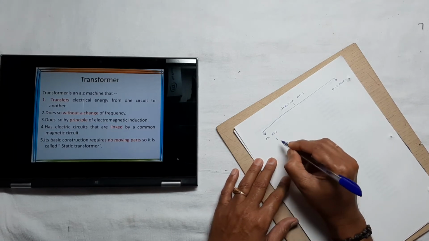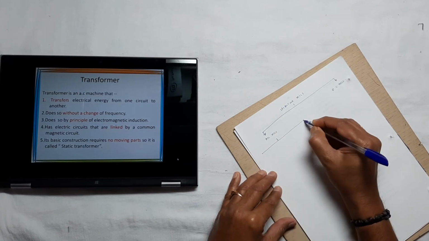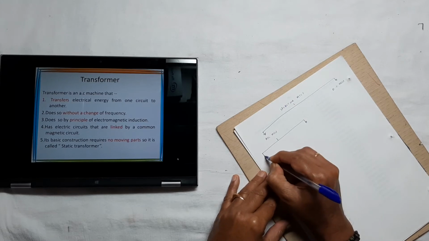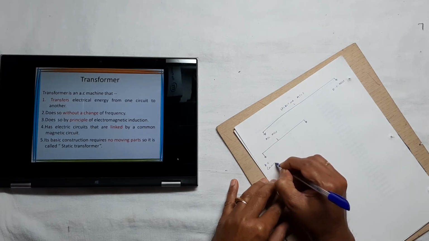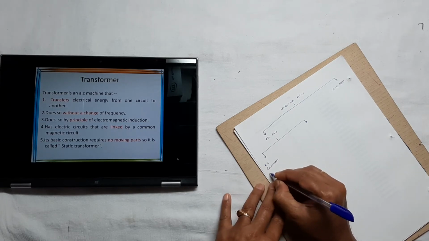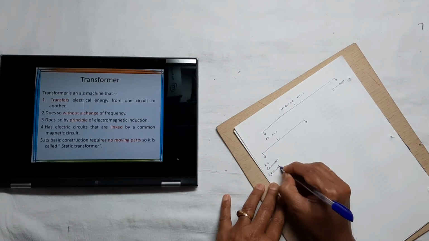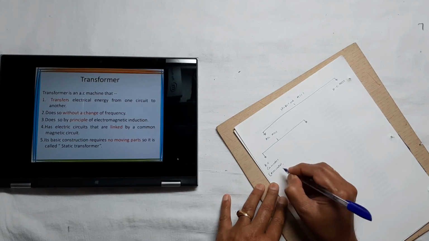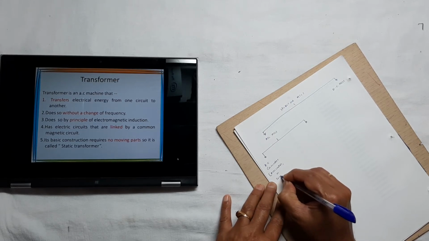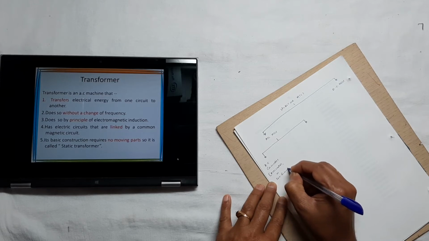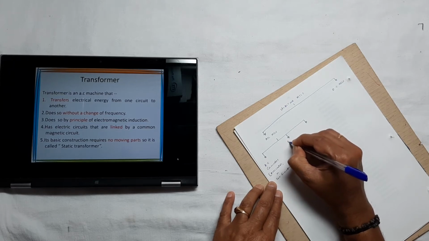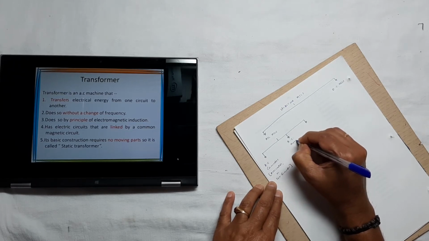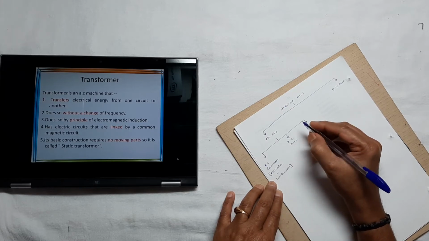In the AC machines, we have got AC generator, which we are calling as alternator. You are also studying it in your unit number 4 and 5. It is also called as synchronous generator. Then we have got the AC motors. There are different types of AC motors.